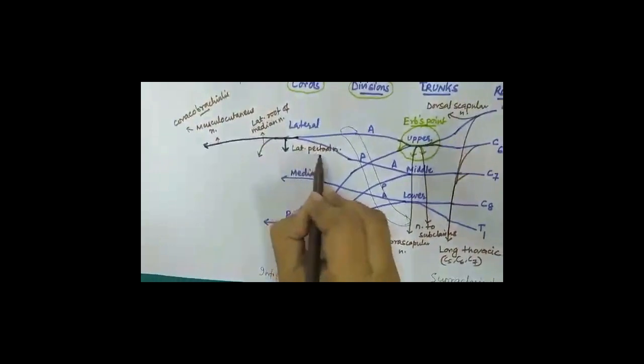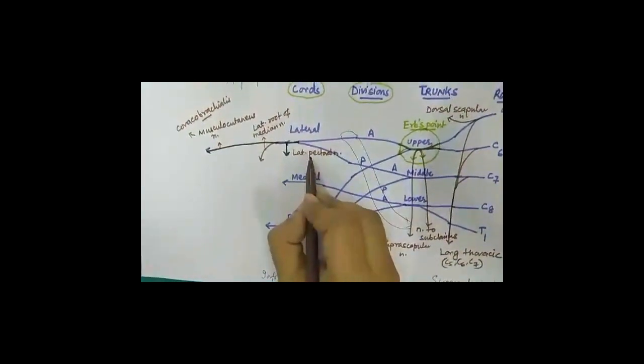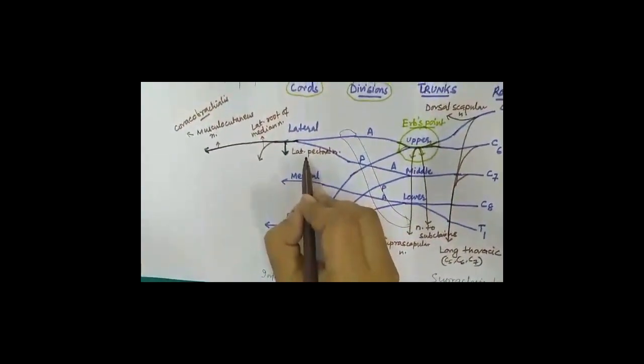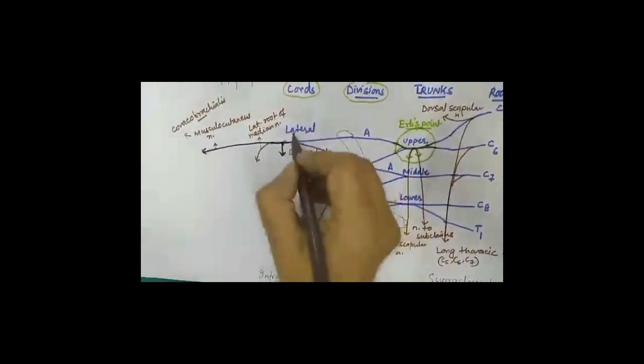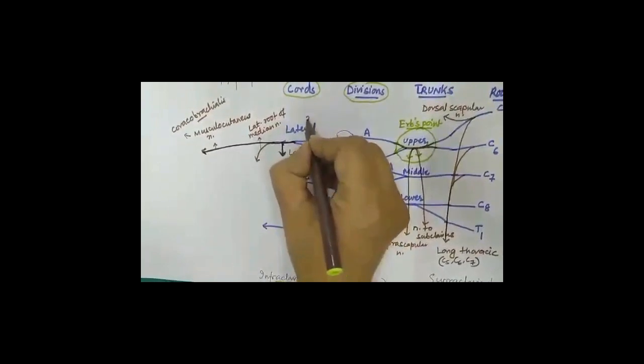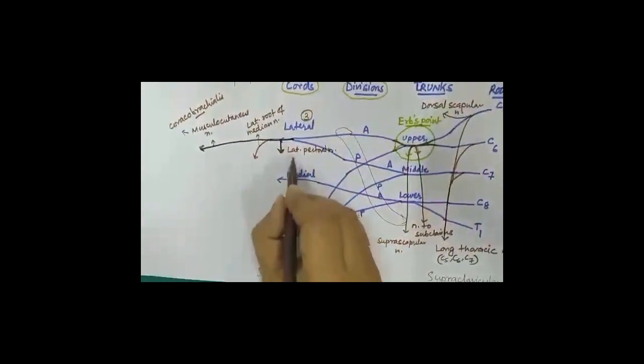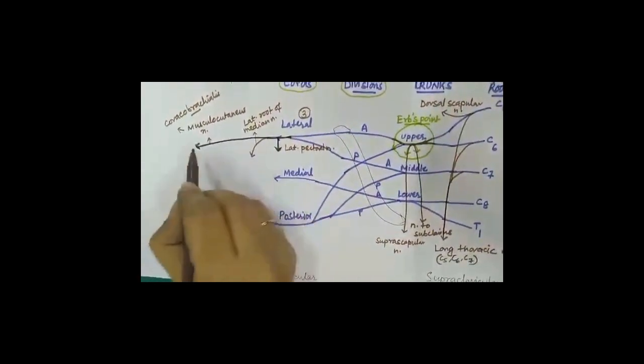And the lateral pectoral nerve will supply pectoralis major and minor muscles, the muscles of the axilla. So here we see the lateral cord has given 3 branches: lateral pectoral, lateral root of median nerve and musculocutaneous nerve.